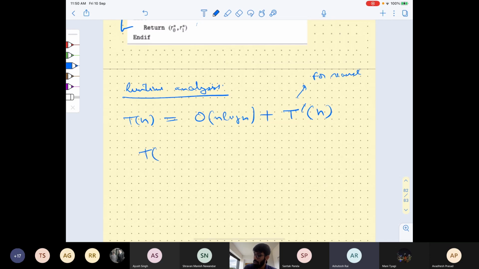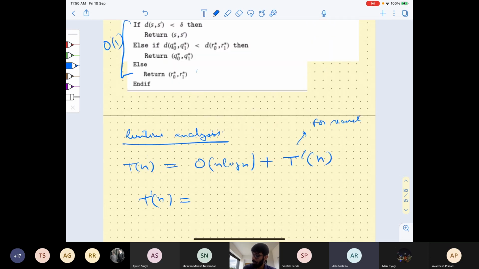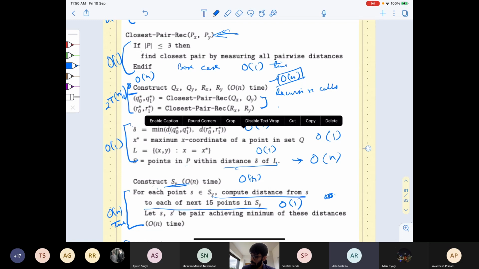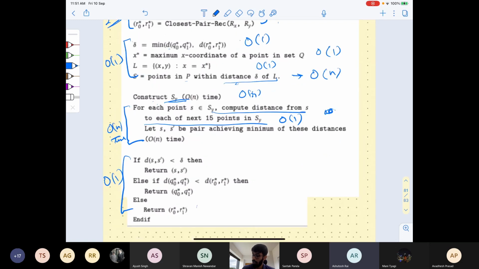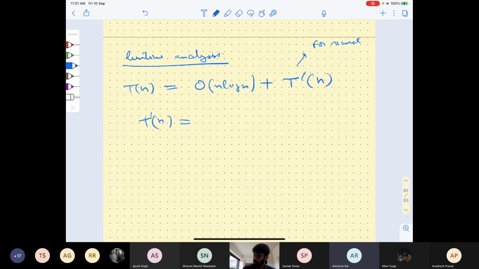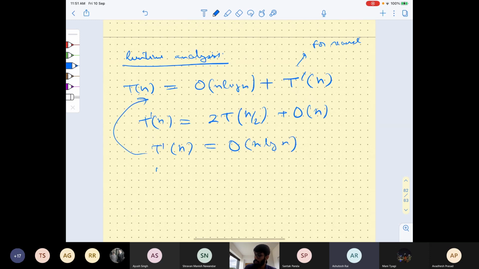And what is T prime of n? T prime of n is 2T of n over 2 plus order n. So T prime of n solves to order n log n, and putting that here, you get T of n is also order n log n.